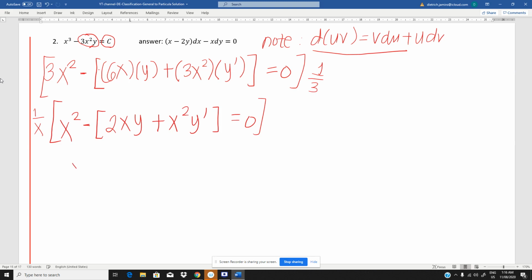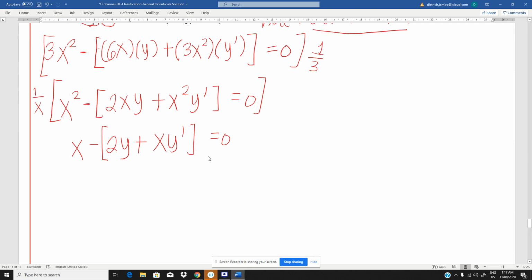So we will have x minus the quantity 2y plus x times y prime is equal to 0. Further simplifying, we will have x minus 2y minus xy prime is equal to 0.